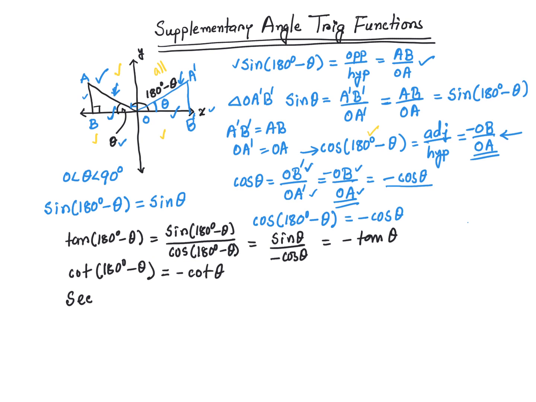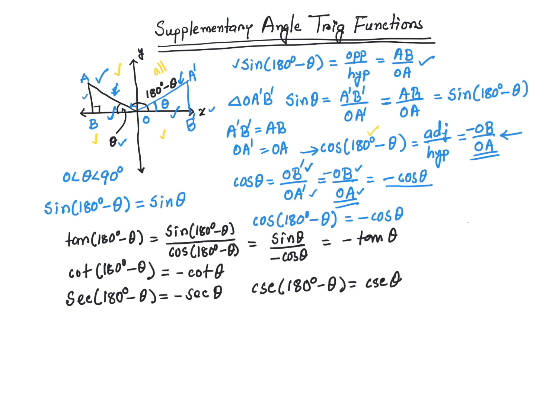Secant of 180 degrees minus theta is going to be negative secant of theta. And the reciprocal of sine, cosecant of 180 degrees minus theta, is just going to be cosecant of theta.